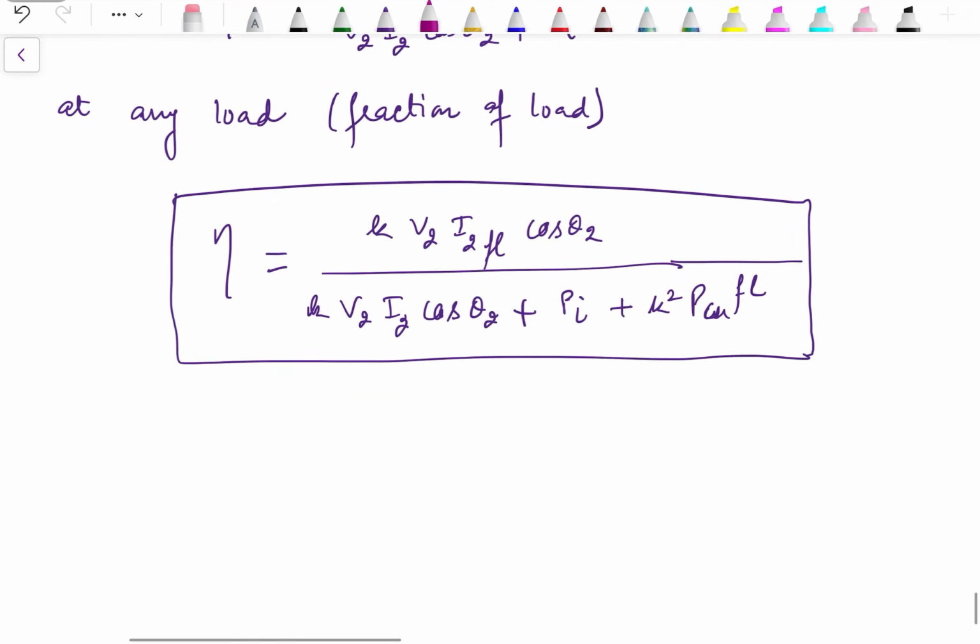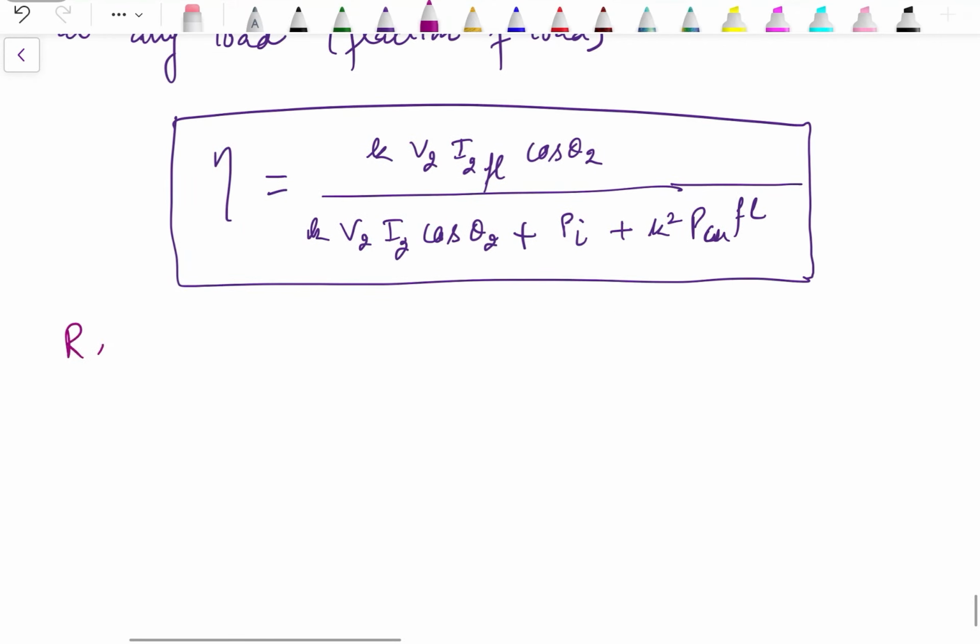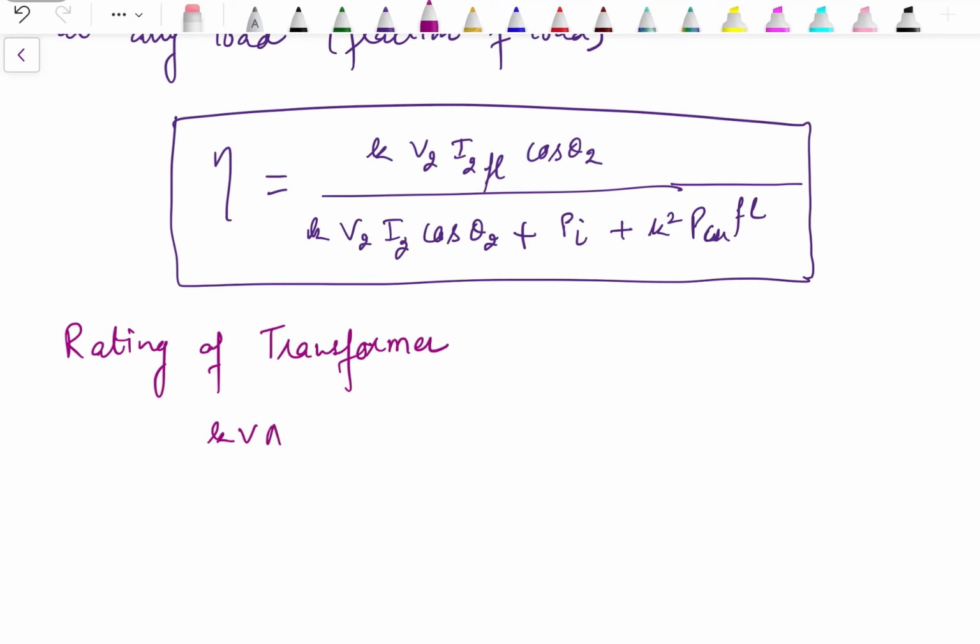Also, one thing I need to mention over here is about the rating of transformer. The rating of transformers is expressed in kVA and primary to secondary side voltage. So for example, we can have a 4 kVA, 220 to 440 volt single phase transformer.